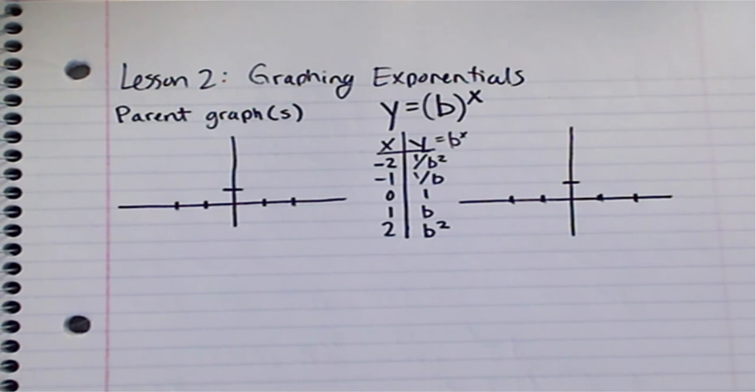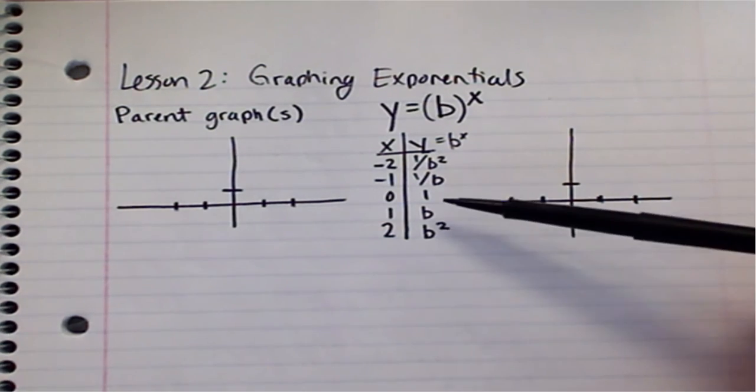B to the x. All right, eyes up. Here are my points. It's a little hard to graph them because I don't actually have numbers. I have b. But notice that this is exponential, meaning I'm writing powers of b. B squared, b cubed, b to the 4th, b to the 1st, b to the 0.